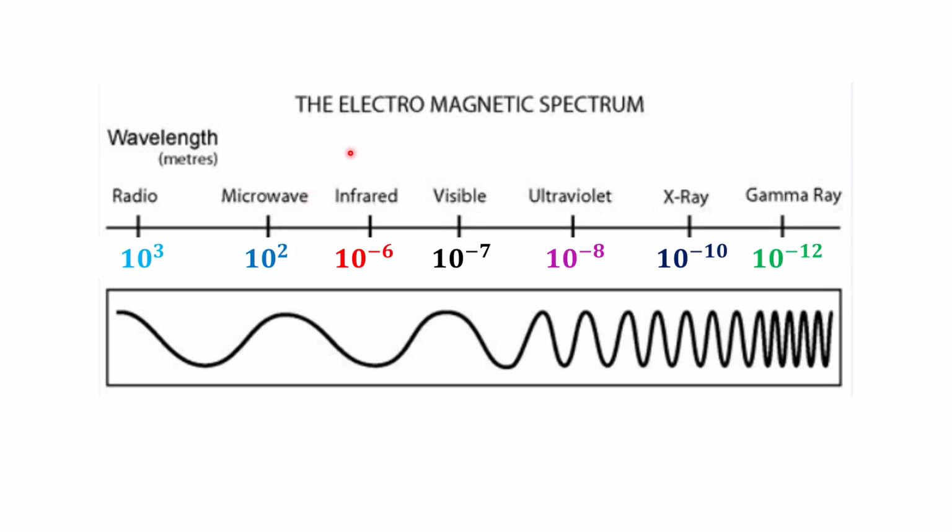And here is the complete electromagnetic spectrum, from radio waves to gamma rays. It's a good idea to memorize this kind of range.